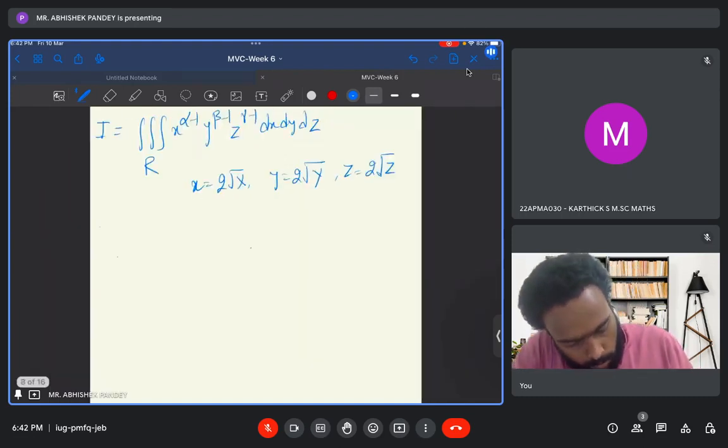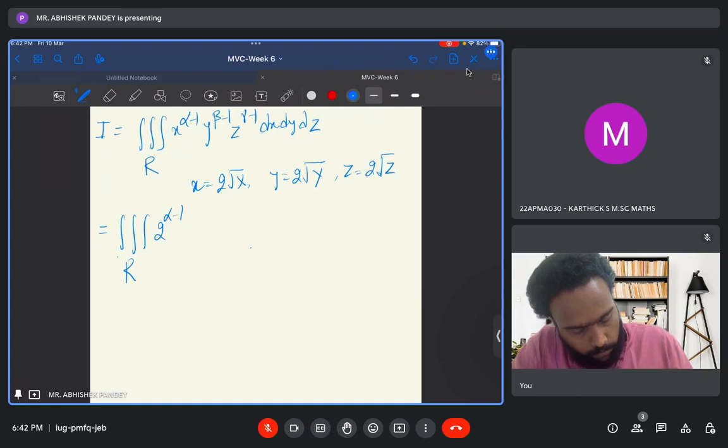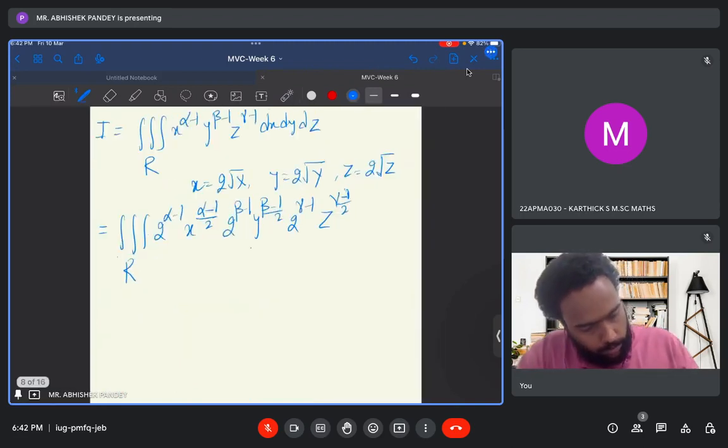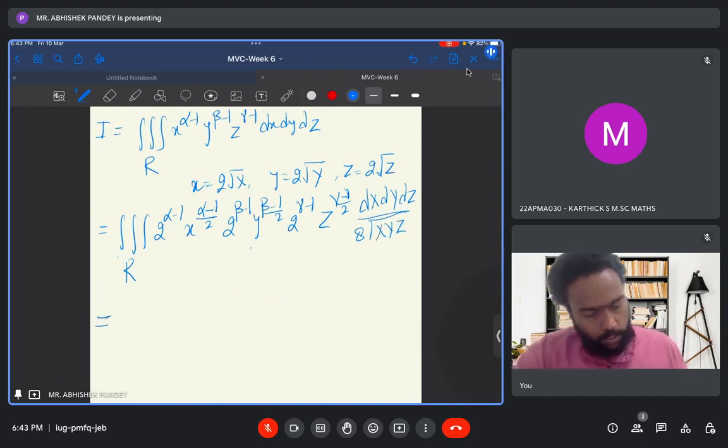So this you will get as 2 to the power alpha minus 1, x to the power alpha minus 1 by 2, into 2 to the power beta minus 1, y to the power beta minus 1 by 2, and 2 to the power gamma minus 1, z to the power gamma minus 1 by 2, and dx dy dz is nothing but dx dy dz upon 8 root over x y z.